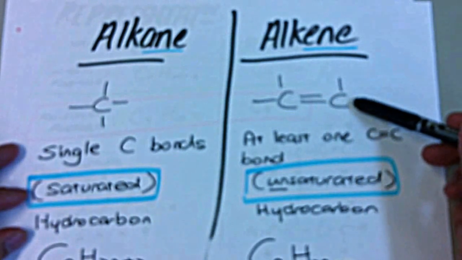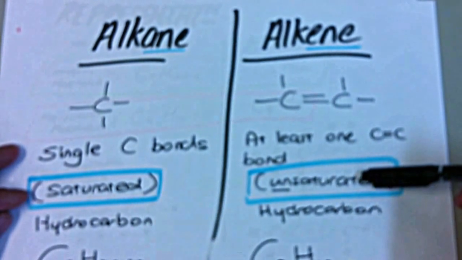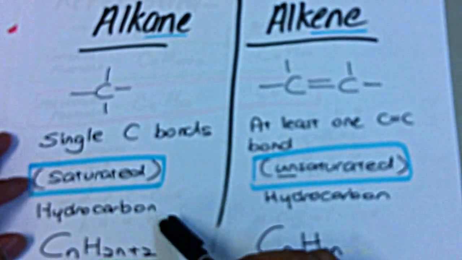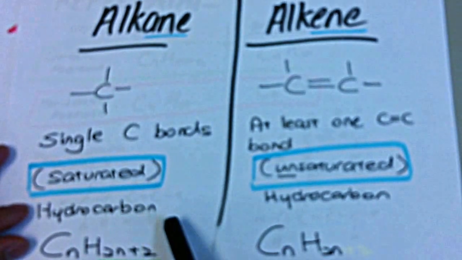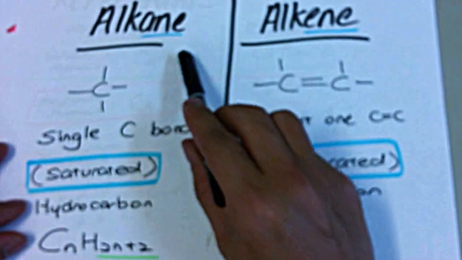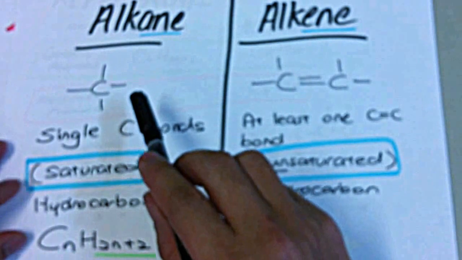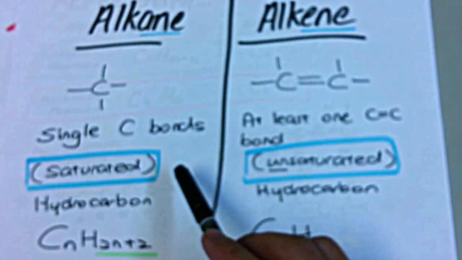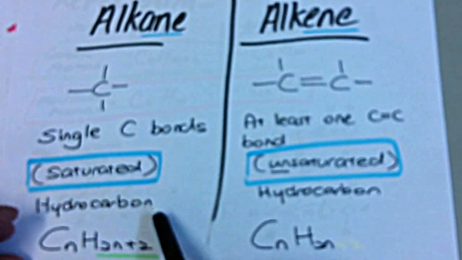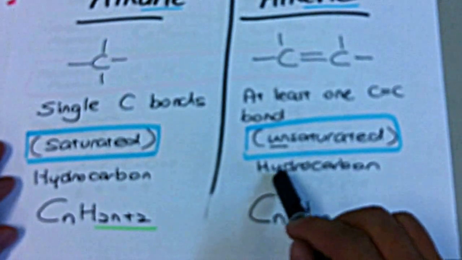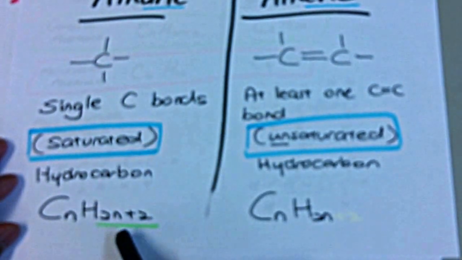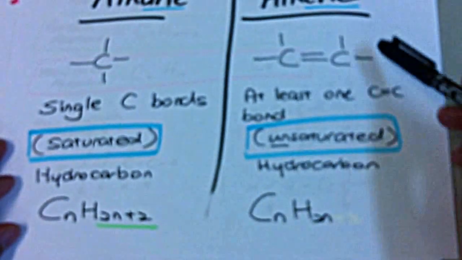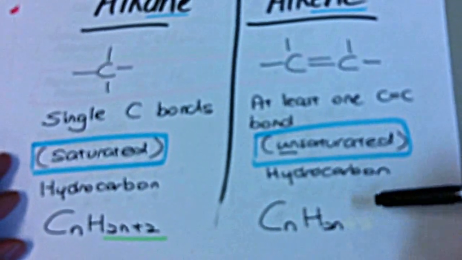Alkenes contain double bonds, therefore they are known as unsaturated. Hydrocarbons refers to molecules that contain only hydrogen and carbon. Since alkane and alkene molecules contain only carbon and hydrogen, both of them are known as hydrocarbons. In terms of the general formula, alkanes have CnH2n+2, and alkenes have CnH2n.